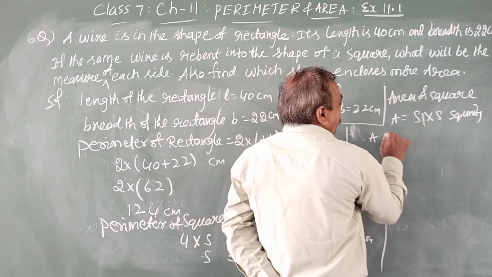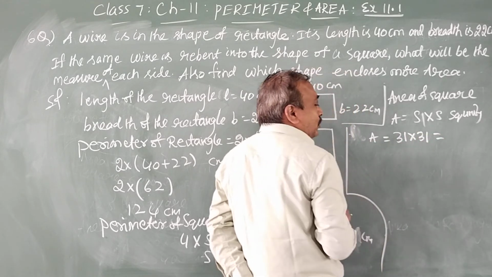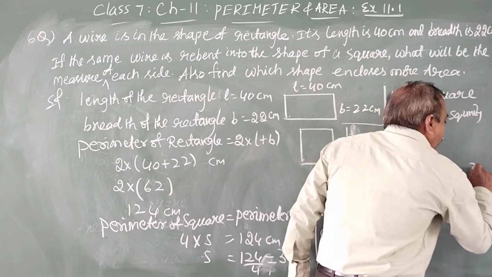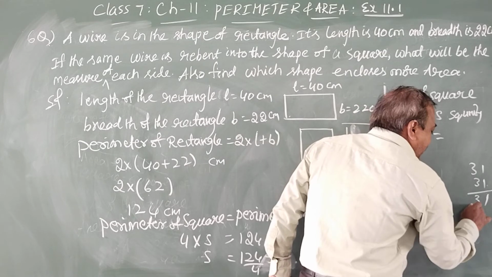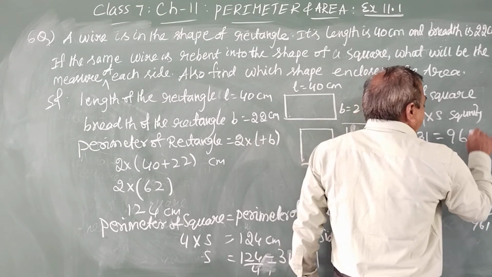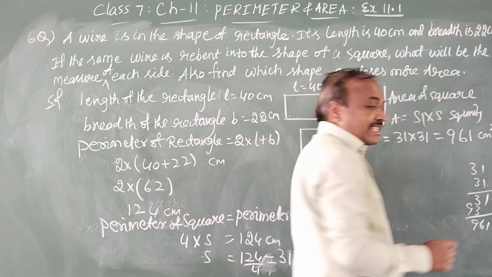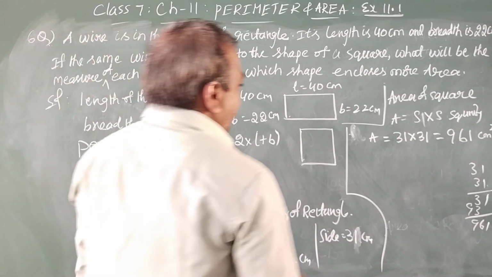So the area of the square is 31 into 31. If you multiply 31 into 31: 1 one is 1, 3 ones are 3, 3 threes are 9. 961. So 961 centimeter square. This is the area of the square.